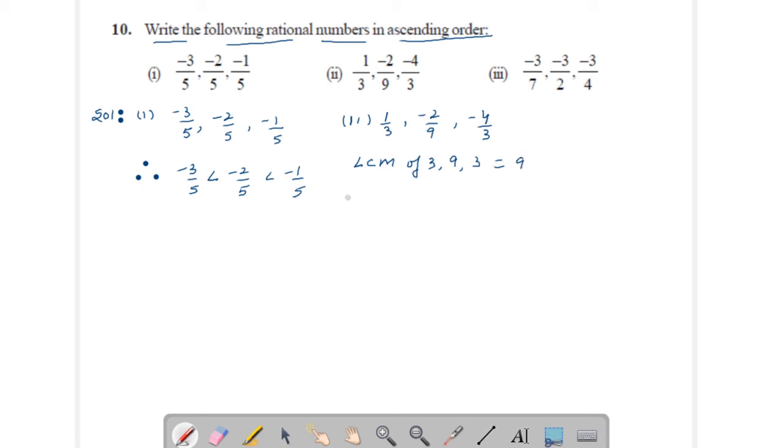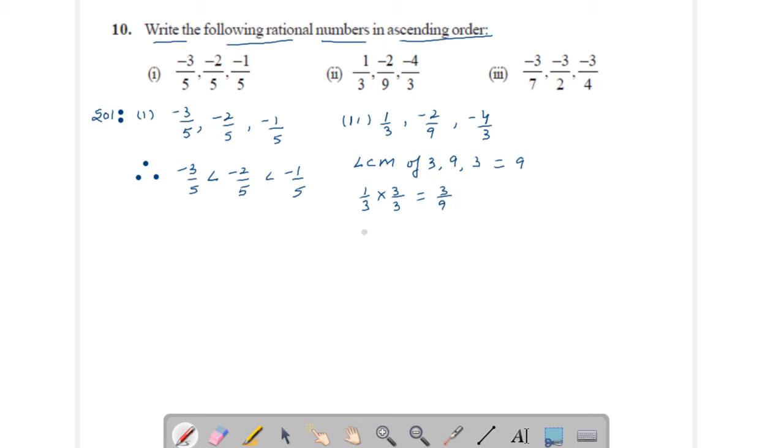So take first rational number, that is 1 upon 3. Here denominator is 3. Divide LCM 9 by 3. You will get 3. Multiply by 3 in the numerator and denominator. You will get 3 upon 9.